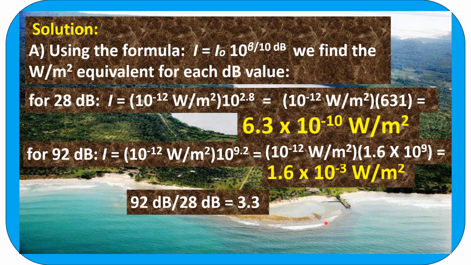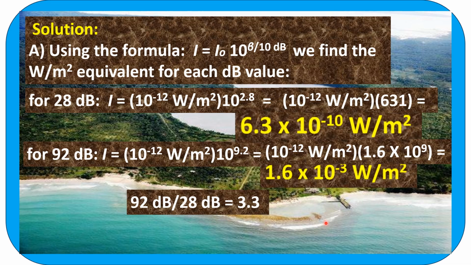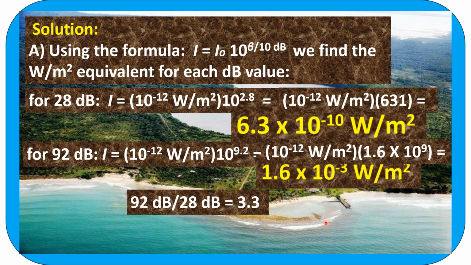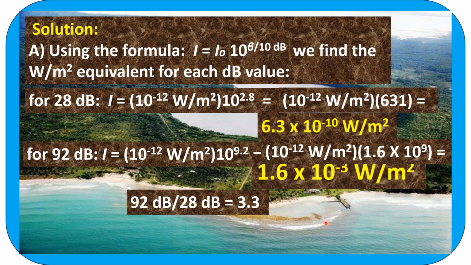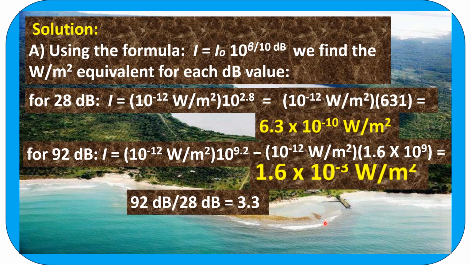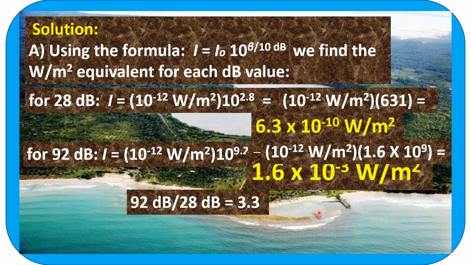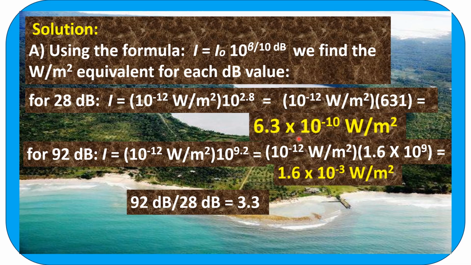All right, this is incorrect because in comparing how many times is 92 decibels more intense compared to 28 decibels, you've got to convert them to their intensity equivalent, exactly what we did in letter A.